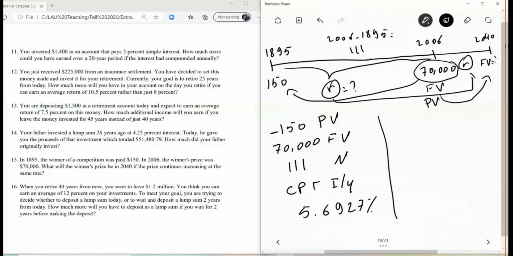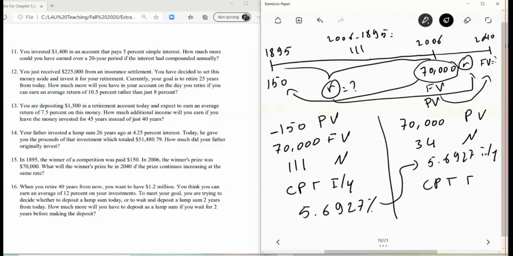So now I say that the 70,000 is PV. I have 34 years, which is 2040 minus 2006. 34 is N. I use that same value here, 5.6927 as IY. Then I compute FV, and the value in this case is 459,866.